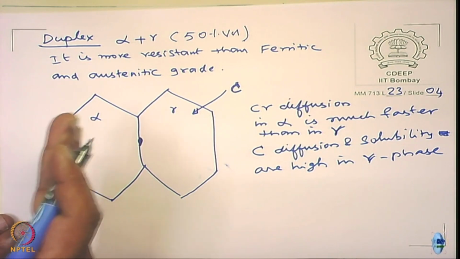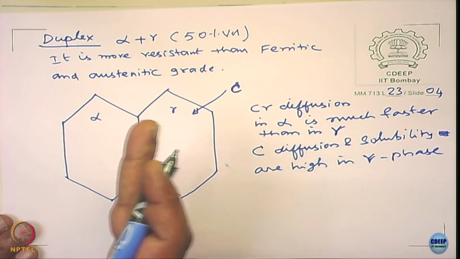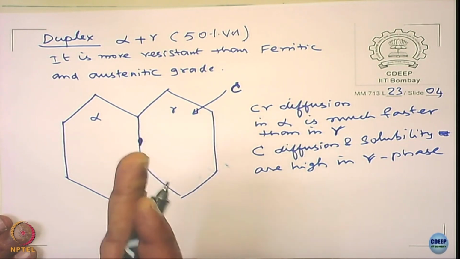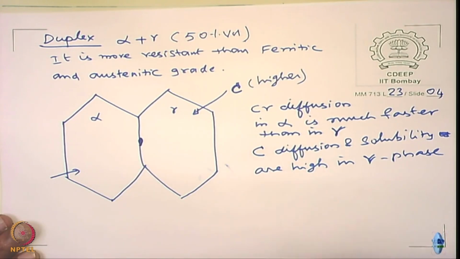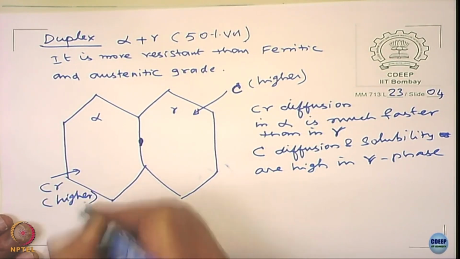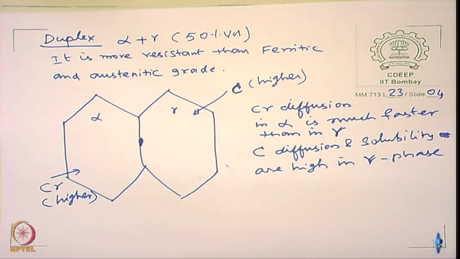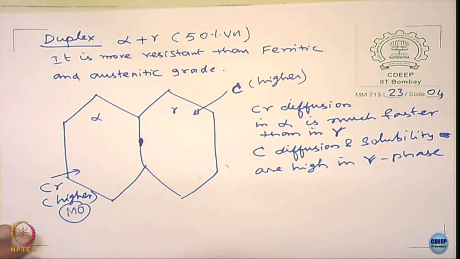If you take alpha phase and the gamma phase in a given alloy, can you guess which would have higher chromium content, the alpha or the gamma? Is chromium a gamma stabilizer or alpha stabilizer? I mean alpha stabilizer, right? Come on, you should be able to tell. So alpha has a higher chromium level here, isn't it? Partitioning takes place, in fact, it will have more chromium. It may even have more molybdenum also. Anyway, that is not important for us.